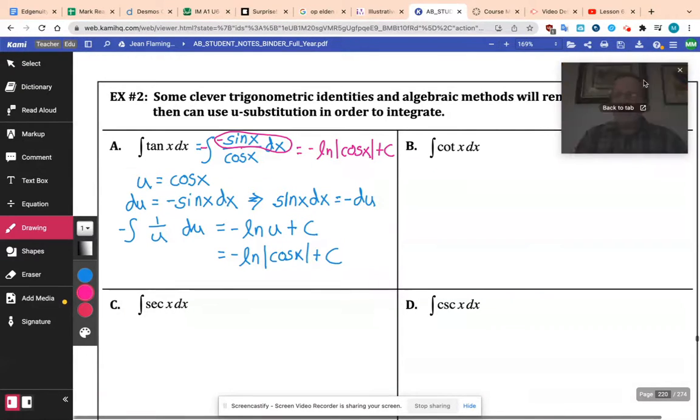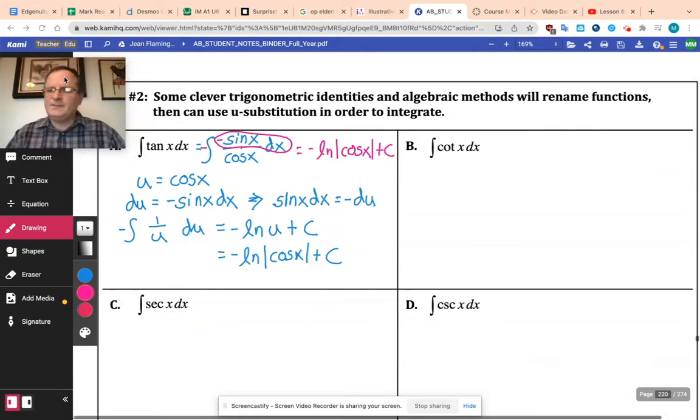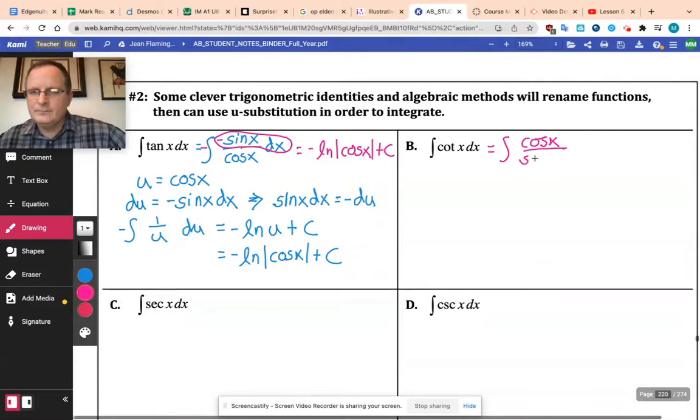All right, hey, how about b while we're here? It's a little bit quicker. Let's say I do my pattern recognition way first. So let's rewrite cotangent then as cosine over sine. And check it out. The derivative of the bottom is the top. We're good to go.